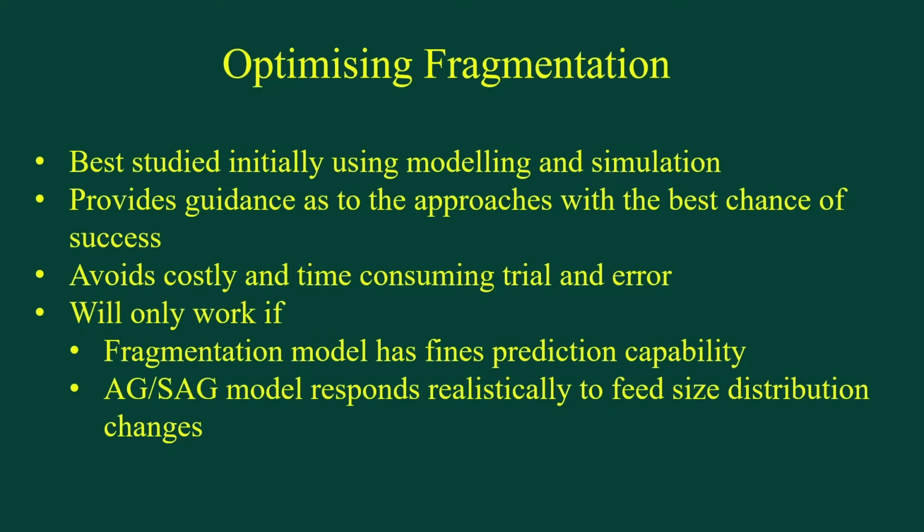At the same time, what you will be doing is passing those fragmentation model predictions onto a model of your AG and SAG mill, and you have to make sure that that model can respond in a realistic way to whatever changes in the size distribution you've predicted from your fragmentation model. And that's why the JKMRC was so successful and able to mount those first mine-to-mill programs, because it had significant capabilities both on the fragmentation modelling side and on the AG and SAG modelling side.